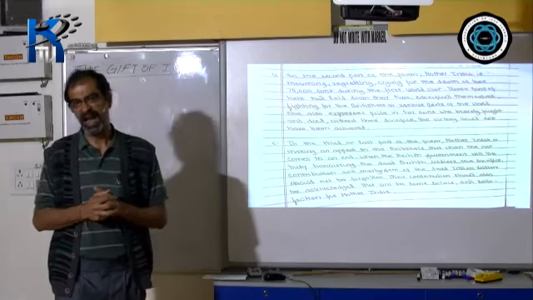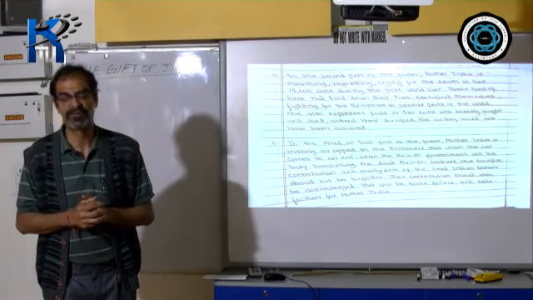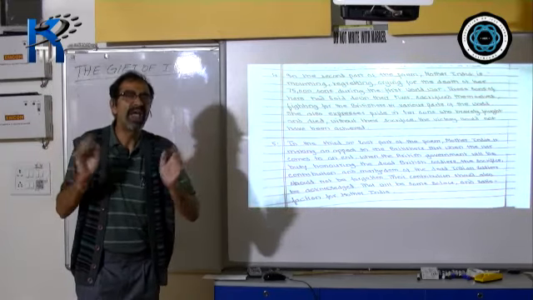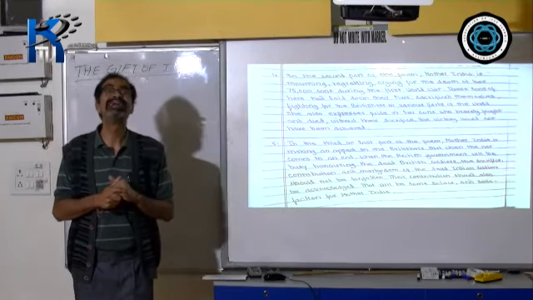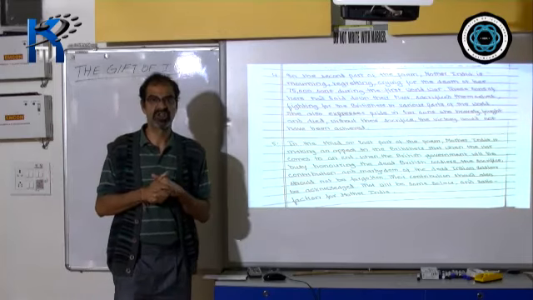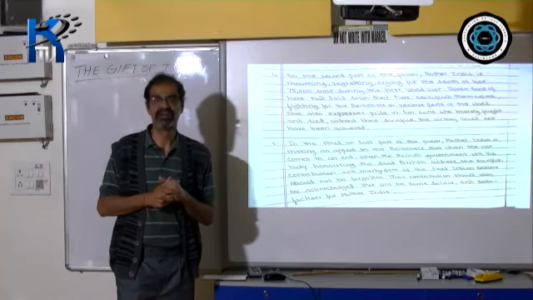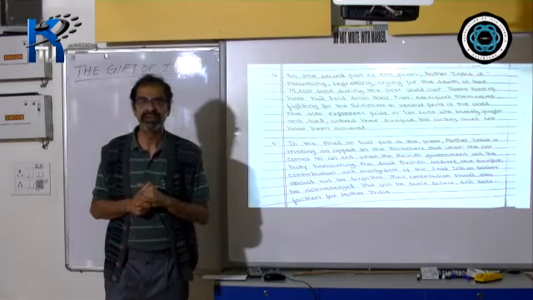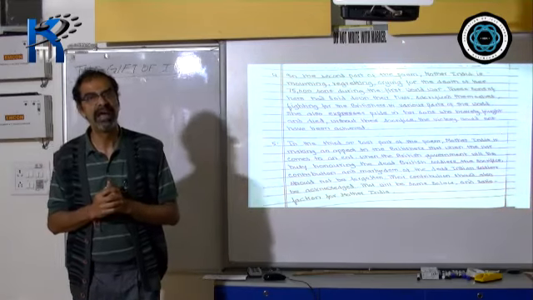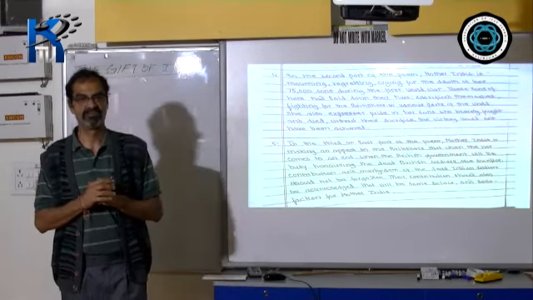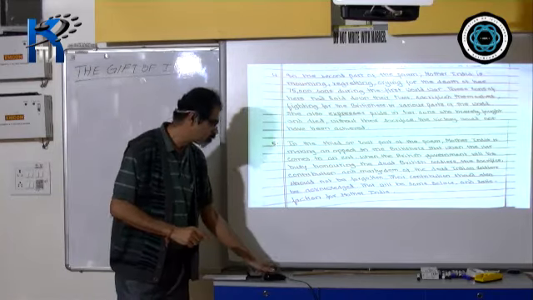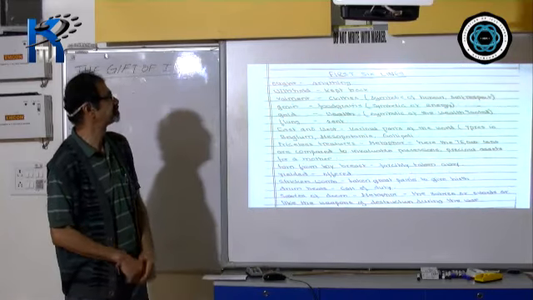Whatever Mother India had given were not gifts. They were not given away willingly. They were taken away, snatched, looted, plundered. And yet, Mother India is calling them gifts. Now see, that is what I have mentioned.